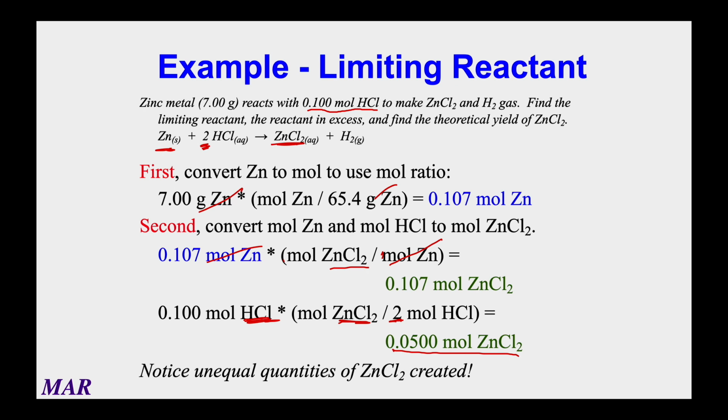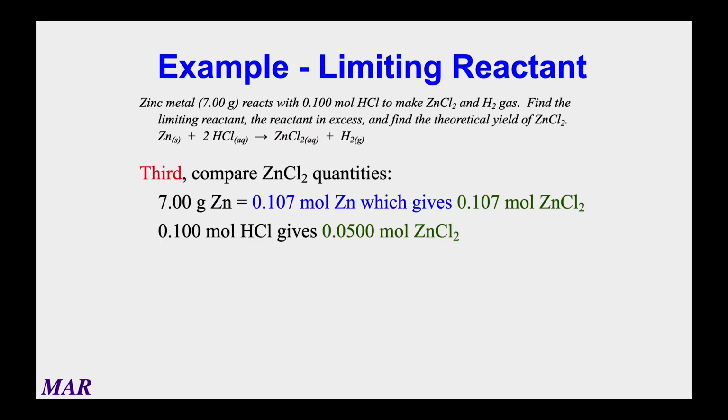Now, these numbers represent the zinc chloride that can be made, and you can see there's a heck of a lot less zinc chloride made from the HCl than there is from the zinc. Now, initially, if you look at those numbers, 0.100 moles of HCl, 0.107 moles of zinc, they look about the same. But because of that 2-to-1 ratio of HCl to zinc 2 chloride, you end up making a lot less zinc chloride from the HCl than you do the zinc.